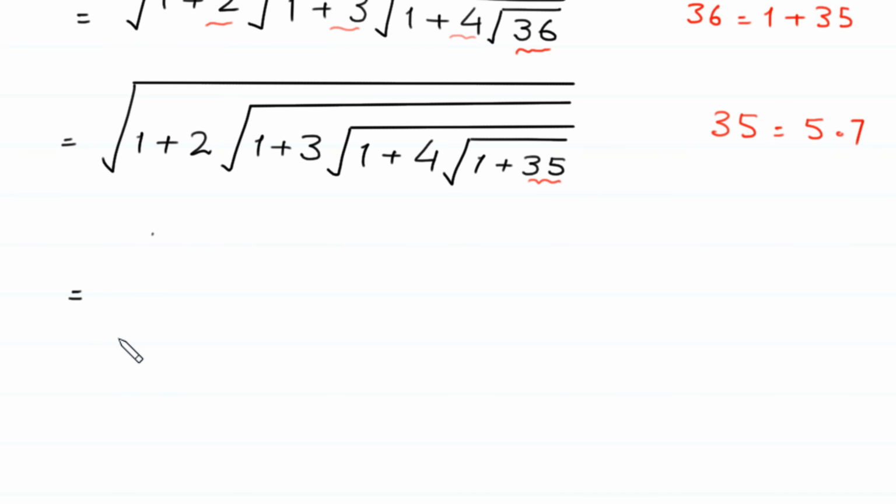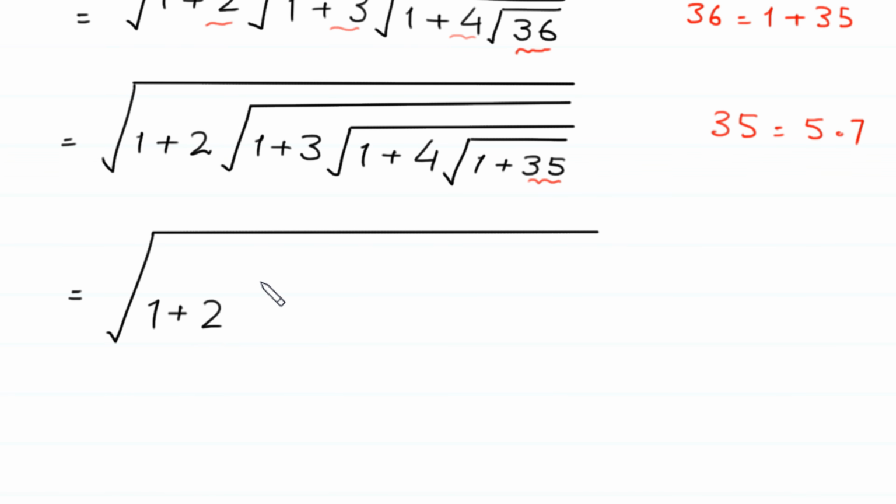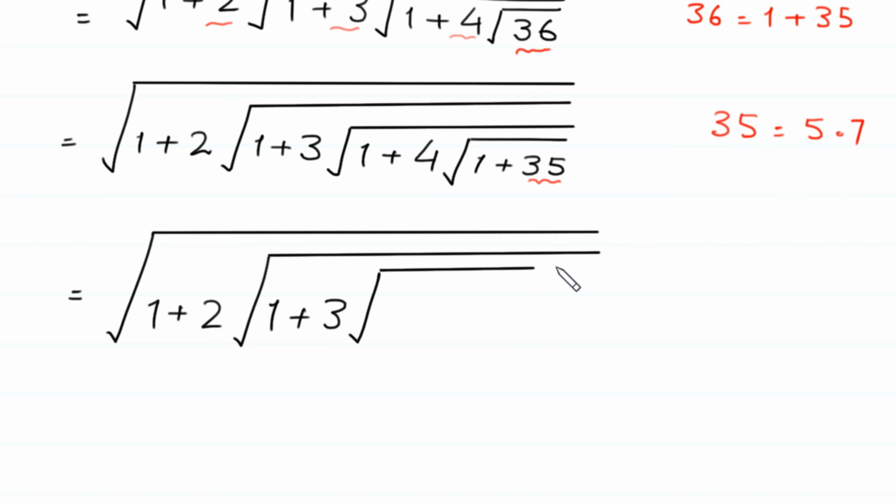This is equal to square root of 1 plus 2 times square root of 1 plus 3 times square root of 1 plus 4 times square root of 1 plus 5 times 7.